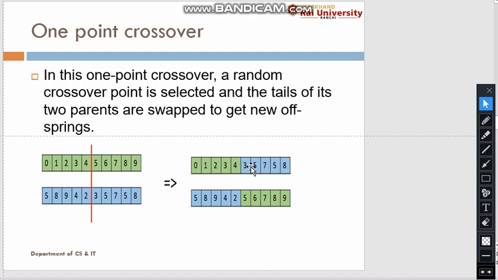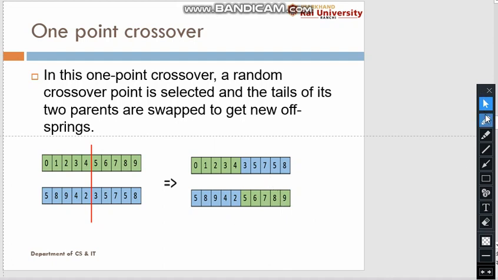So now you can see that the tail portion of the parent 2 is present here, and the tail portion of the parent 1 is present here. This is our child 1 and this is our child 2. So 1 point crossover means there will be only one cross site, and after the cross site the material, or the information, will be exchanged between the parents.